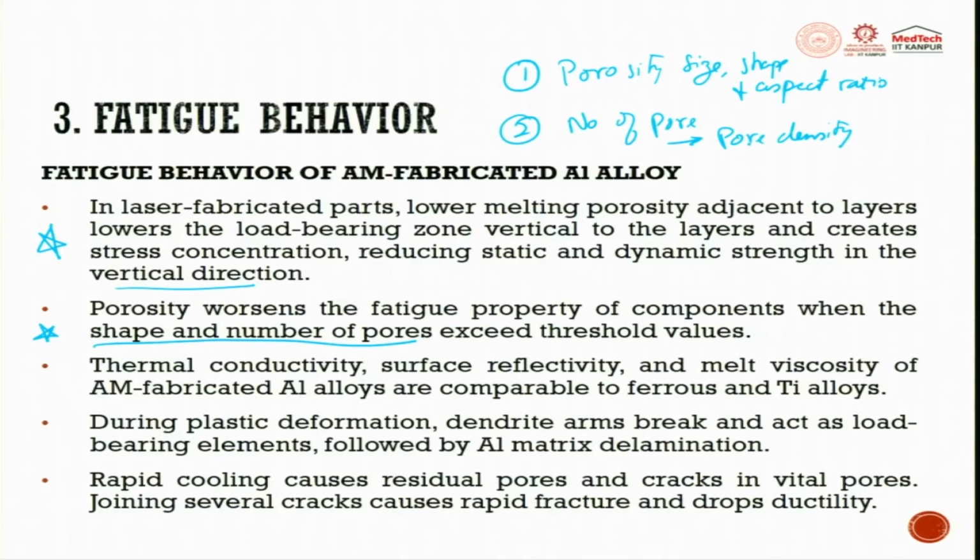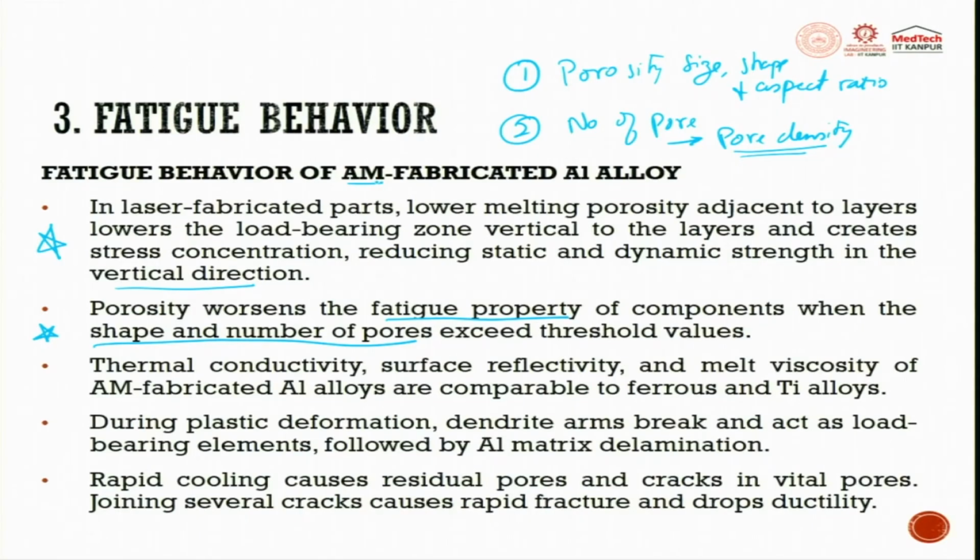If the porosity or number of pores is more, then naturally it will worsen the fatigue behavior. So, this pore density or porosity density is another important parameter they measure when we do additive manufactured samples.